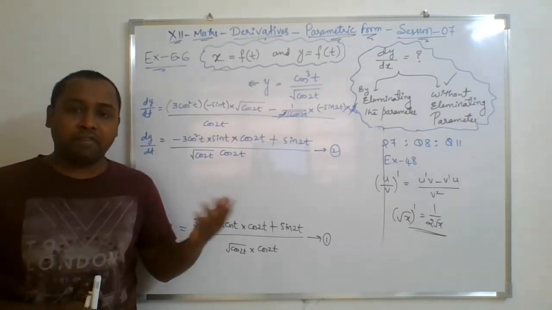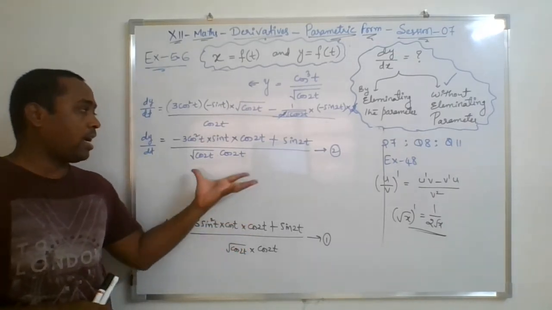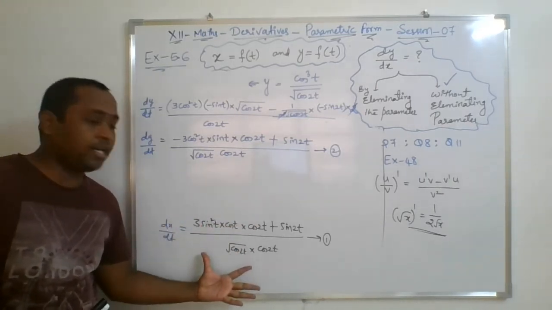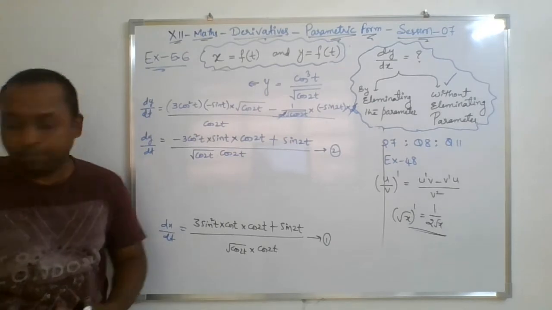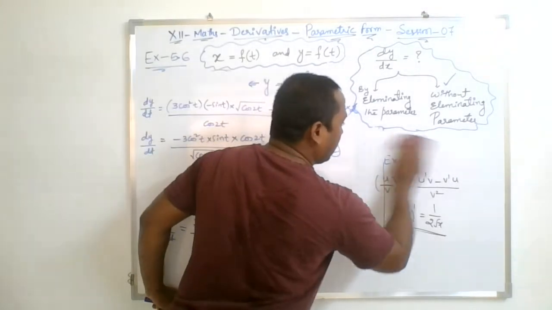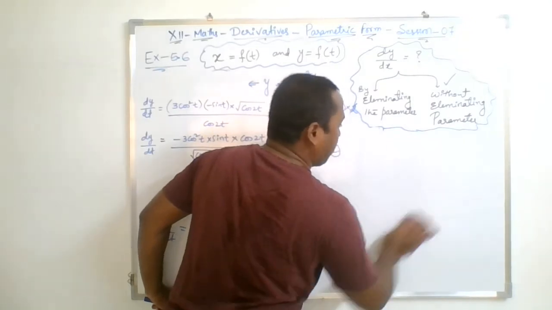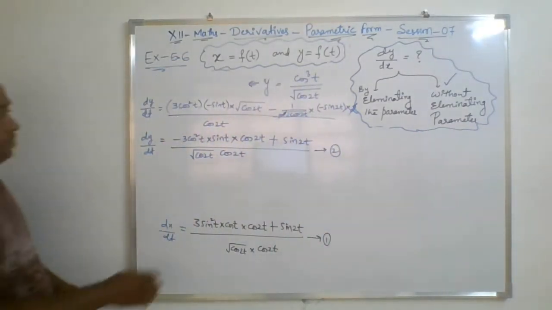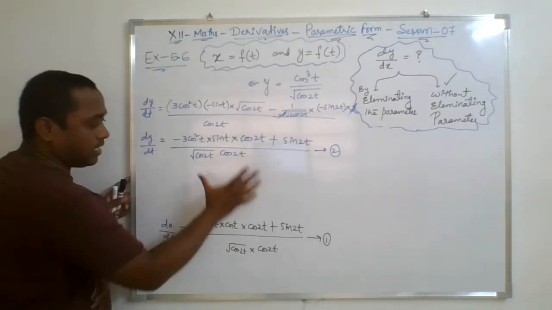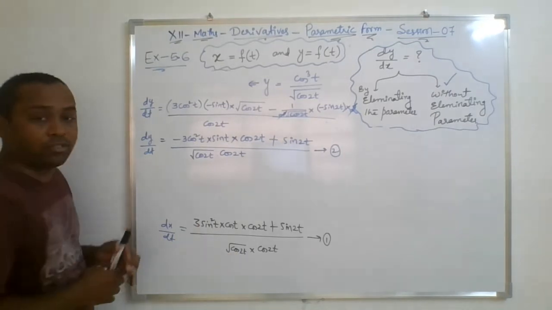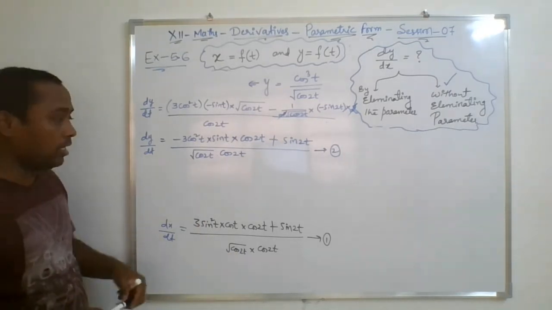Now to get dy by dx, I just have to divide this dy by dt answer by the dx by dt answer. That's it. So if I divide them, the denominator gets cancelled because of the same factor.